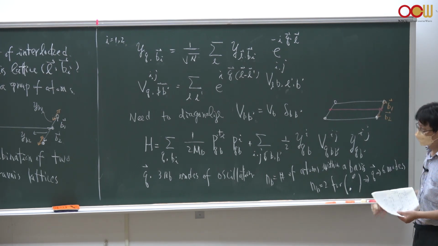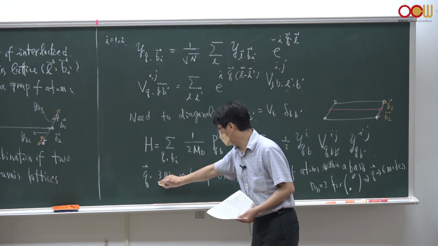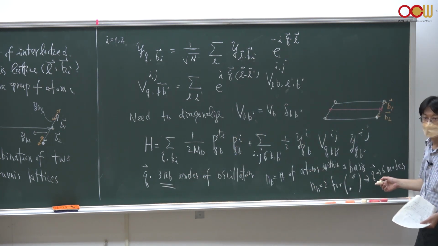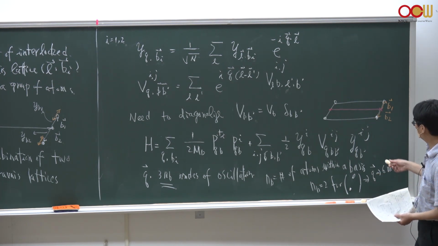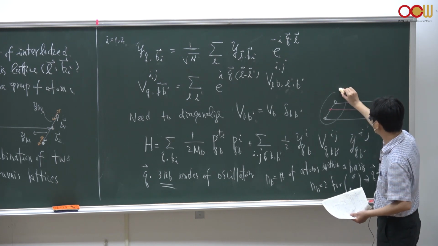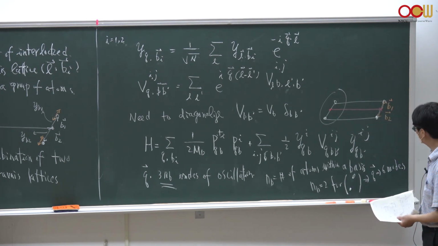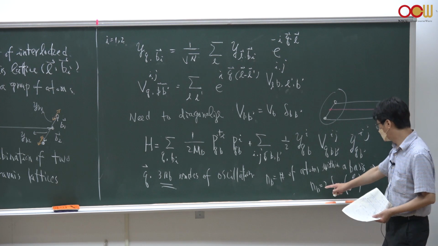And so the total number of degrees of freedom is actually 3 times m_b, where m_b is the number of atoms within each basis, say the unit cell. In this case, the unit cell contains 2 atoms, the open circle and the solid circle, so m_b is 2.